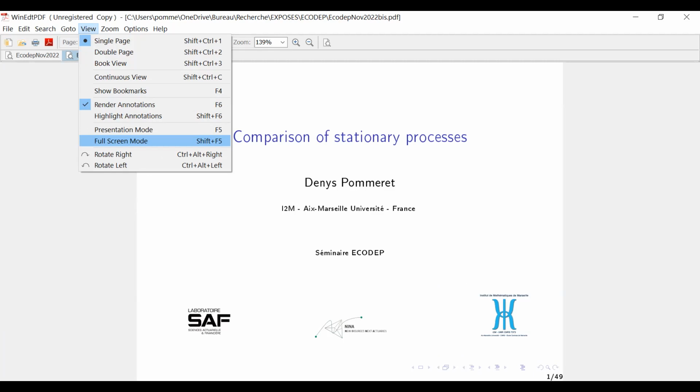The motivation of the talk and of the work is this: if I show you 4 trajectories of strictly stationary processes, it's not easy to compare such processes. It's difficult to say whether they have the same structure or not, and you can try to answer if they are the same or not.